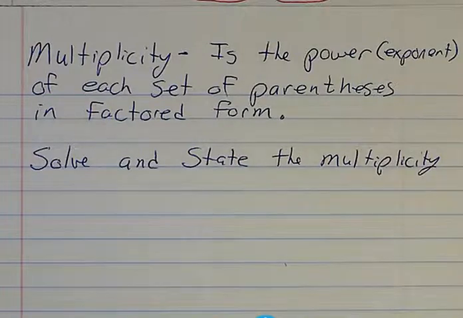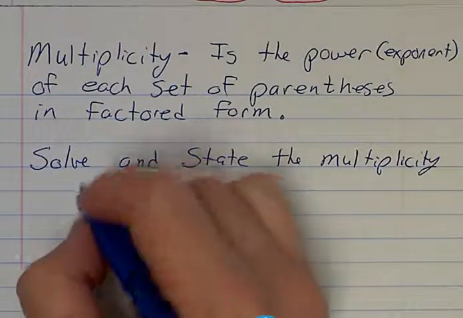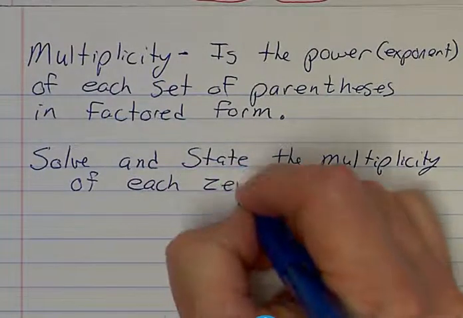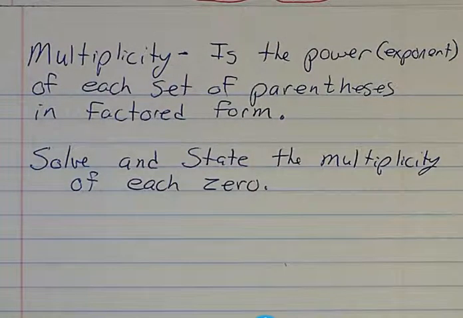So we're going to solve and state the multiplicity of each zero. I'll give you one easy one of these, and then we'll do one that's a little bit tougher, so you can see the two options you'll get when you're going through the homework here.